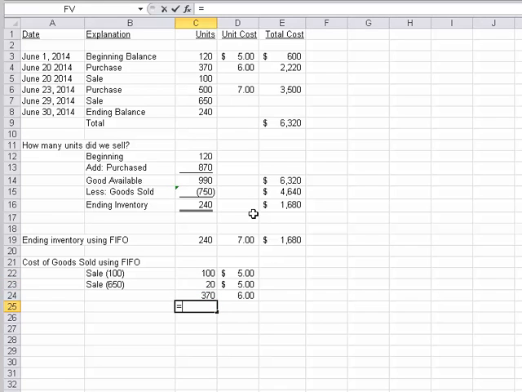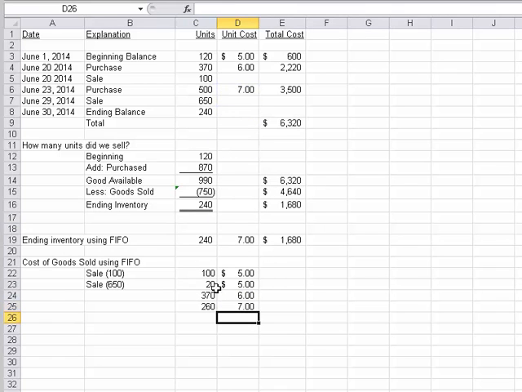So I know I've got 650 minus the 20 plus the 370 left to account for, and that's 260 units. And those 260 units come from that second purchase, because we've already assumed that the 100 units were sold as part of the first sale, and then the 20 left and the 370 have already gone out the door. So now I have 260 left that came from the last layer that we purchased.